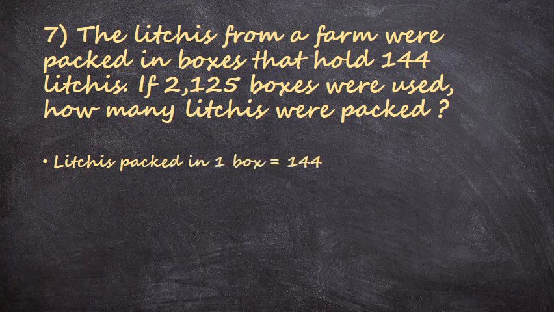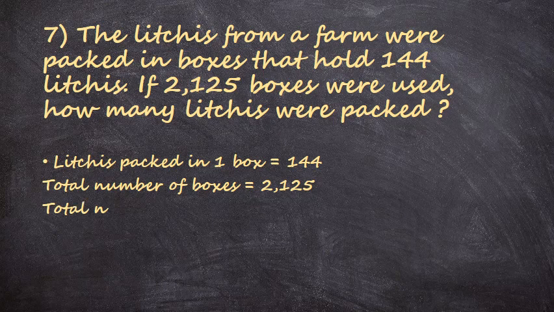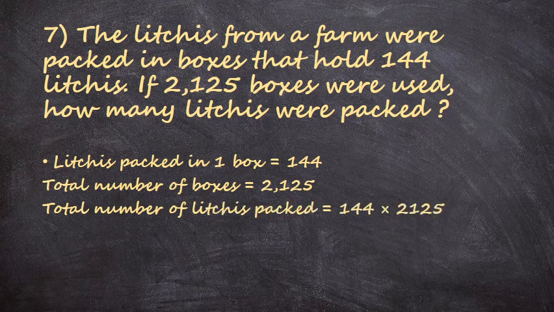Lychees packed in one box is equal to 144. Total number of boxes is equal to 2,125. Total number of lychees packed is equal to 144 into 2,125. Why have we written this?